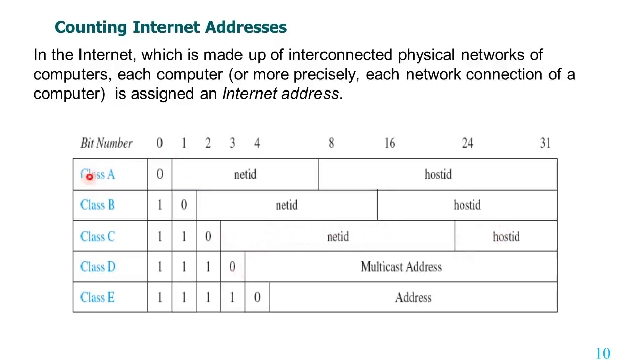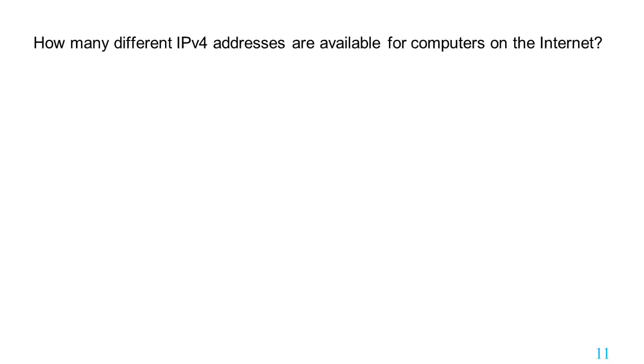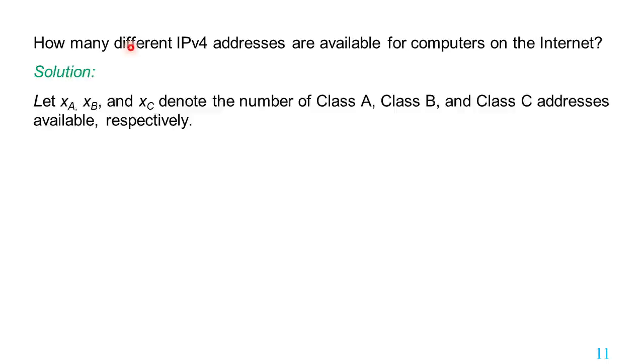We will calculate how many internet addresses can be generated for class A, class B and class C using the sum and product rules. Here is the question: how many different IPv4 addresses are available for computers on the internet?